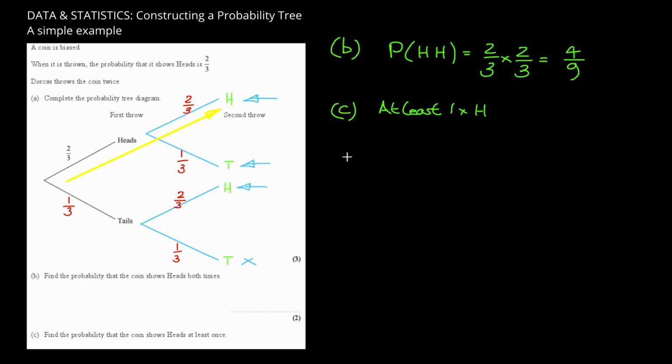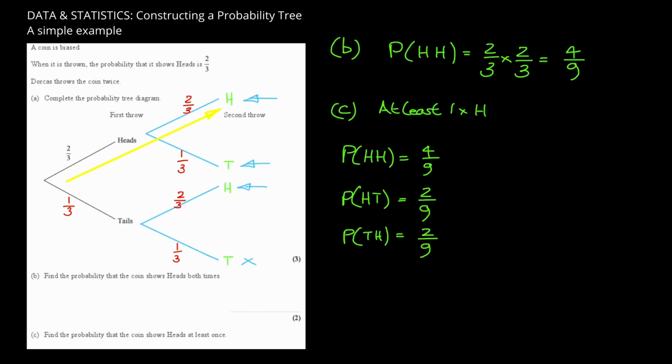We've got our first result already, so the probability of head-head equals 4/9. The probability of head-tail, which is our second route here, is 2/3 multiplied by 1/3, which is 2/9. Now the next one, the probability of tail-head, this route in other words, is 1/3 times 2/3, which again will be equal to 2/9.